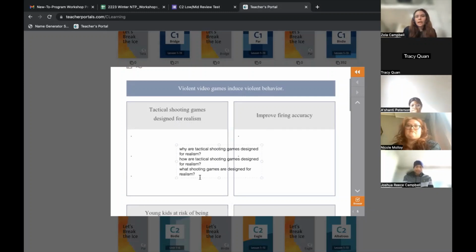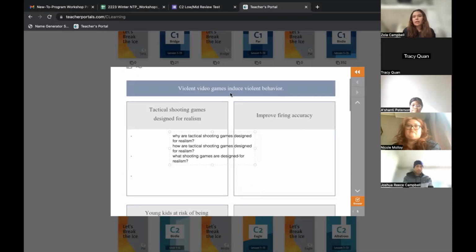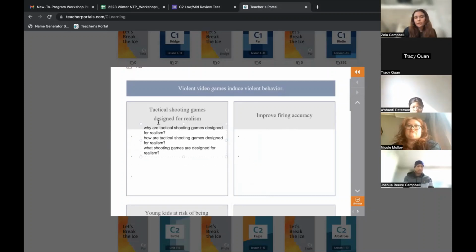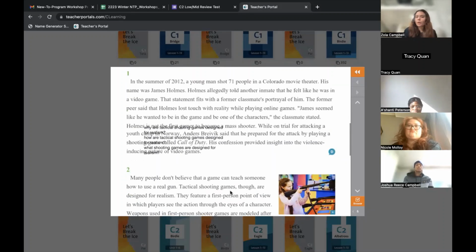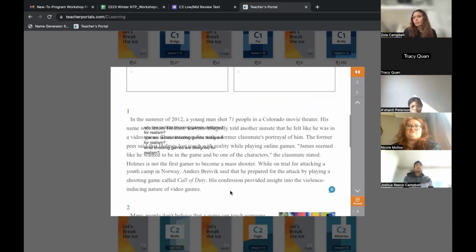Okay, so I like to break this one down into 4 sections. And then I will say, okay, so you have your WH questions. I want you to go through, and I believe they have this reading in their workbooks, but I'm not 100% sure.